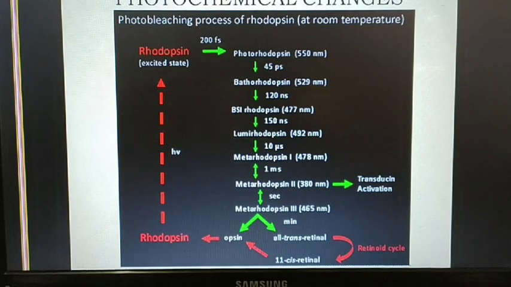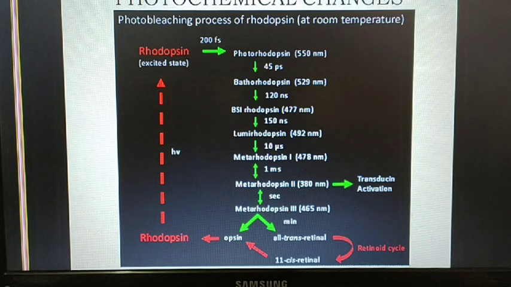Now next we'll talk about the photochemical changes. When light falls on the retina, the 11-cis retinal group of rhodopsin isomerizes to all-trans retinal through several changes.